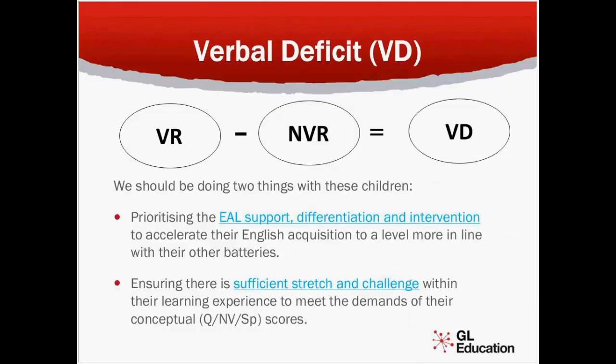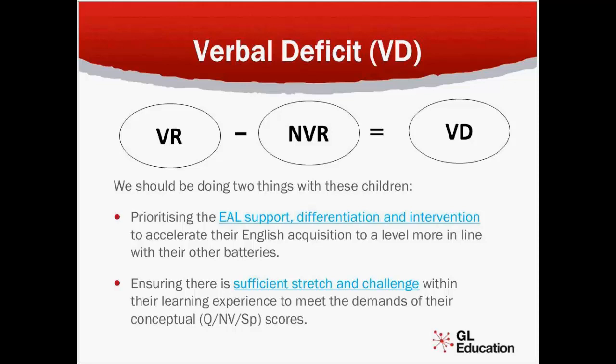There are a number of things that you can do with the data if you export it into Excel. One of the most significant and important things to do is to look at the verbal deficit. The verbal deficit is the difference between their verbal score and their non-verbal score. What we're saying here is their non-verbal score is their underlying ability.